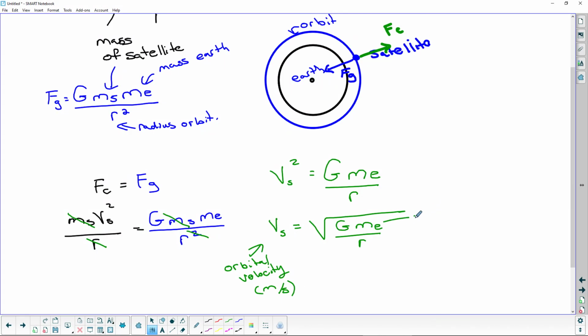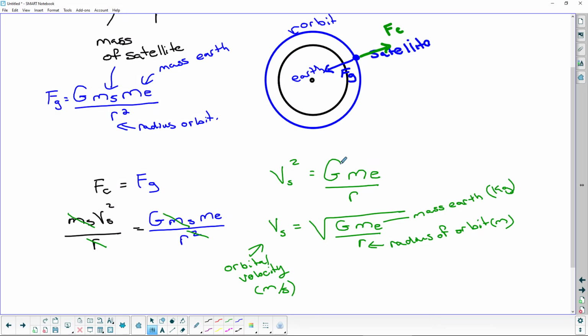This is the mass of the Earth, and that's a constant, even though you'd think it would change a little bit, but in relative terms, not really. It's in kilograms. And this is our radius of the orbit, and that's in meters.